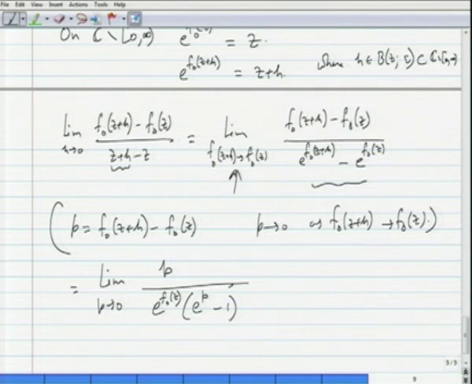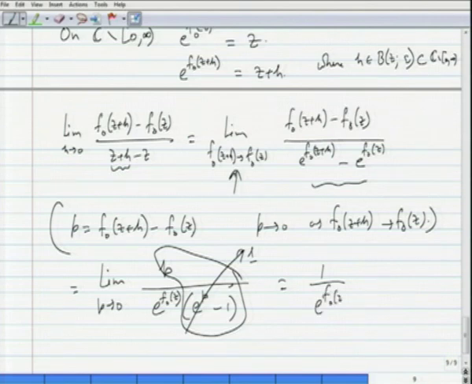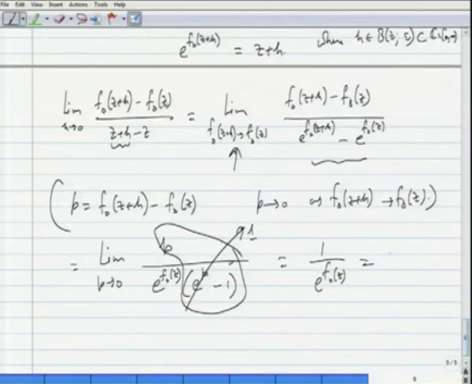And then we can identify the limit of this quantity as p goes to 0 is 1. So that quantity goes to 1, and this is 1 by e to the power f_0 of z. On all of the domain of f_0, this is nothing but 1 by z.